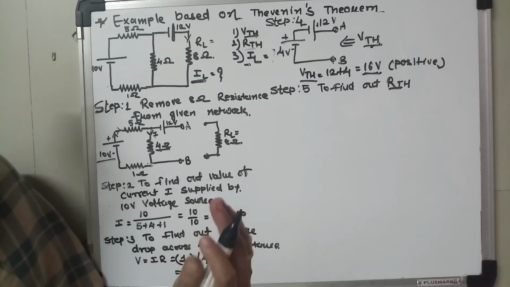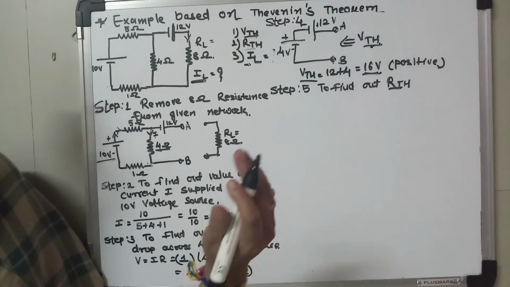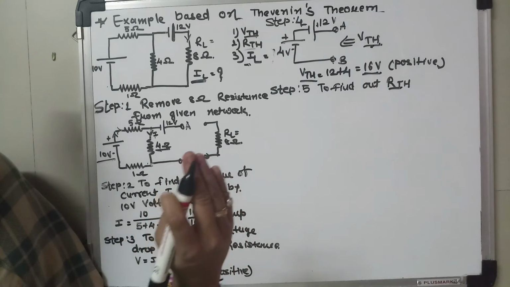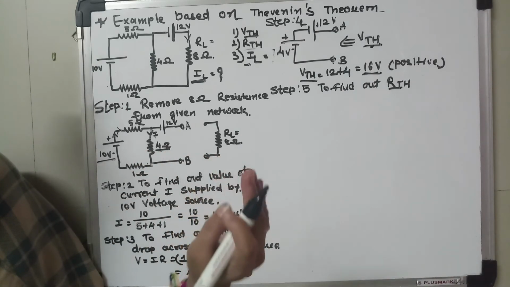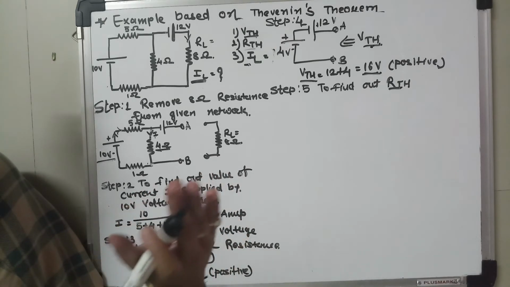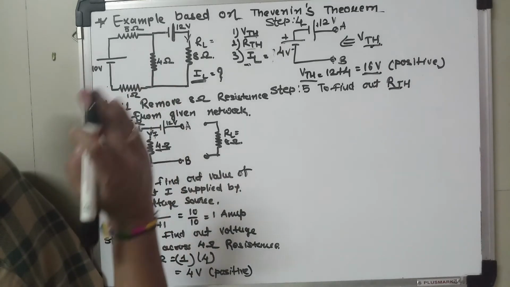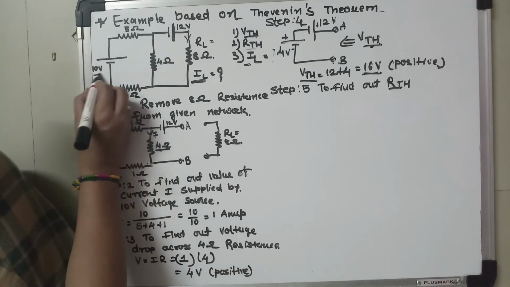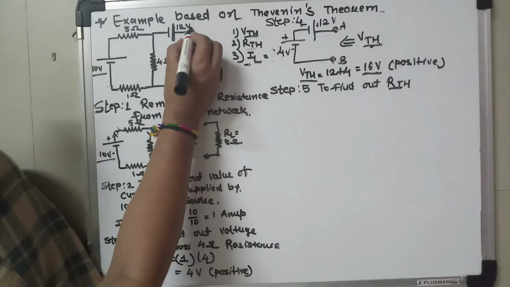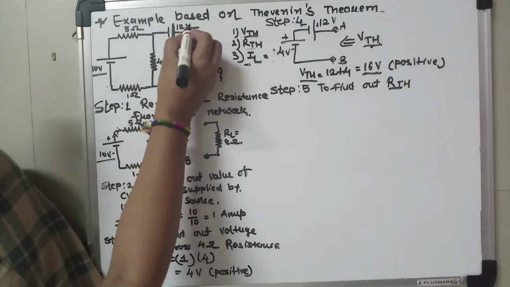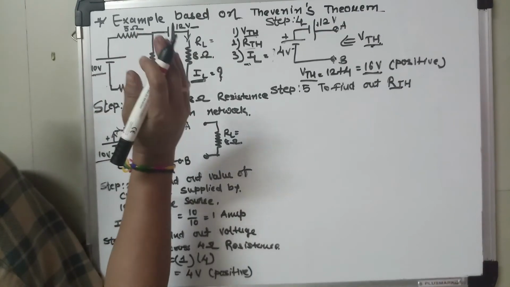To find the value of RTH, all the voltage sources are replaced by their internal resistance if it is given. And if internal resistance is not given, then the voltage source is set to 0. See here, two voltage sources are there, 10 volt and 12 volt, and both have 0 internal resistance.